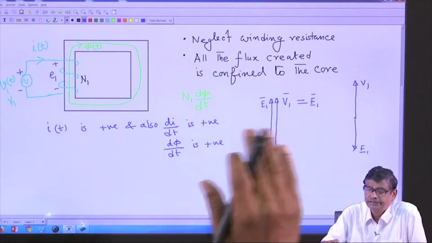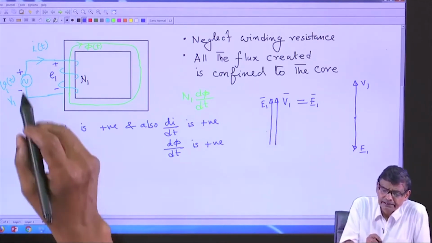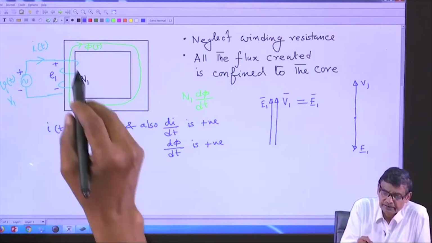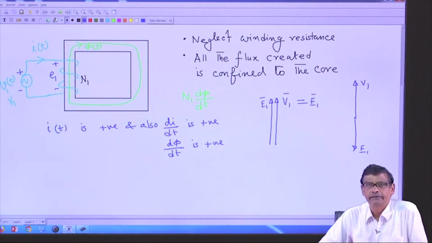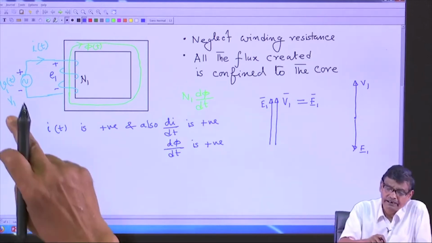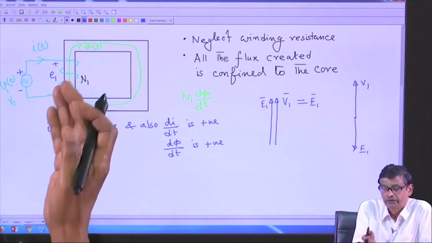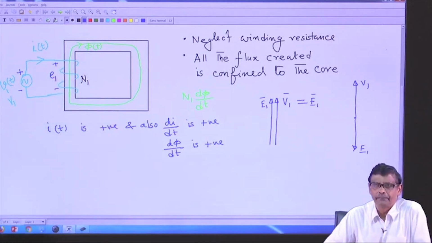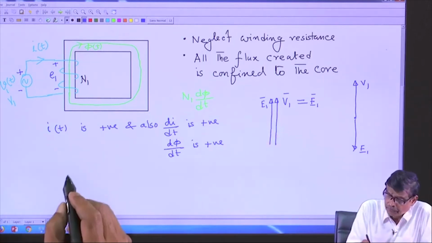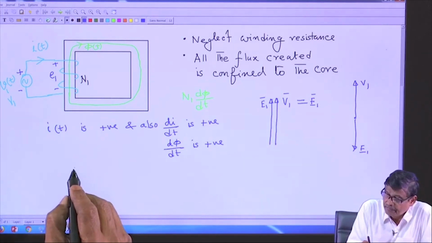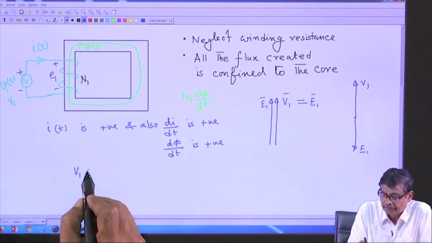So, mind you, this is the thing. In this loop, in this coil loop, KVL is to be satisfied. Therefore, the RMS value of the applied voltage and the RMS value of the induced voltage have to be the same, and we have seen that. Therefore, what is known to me? V1 is the RMS value of the applied voltage.